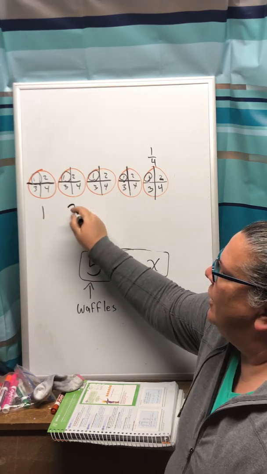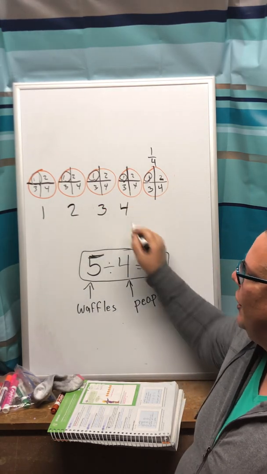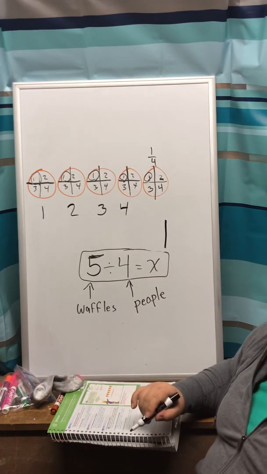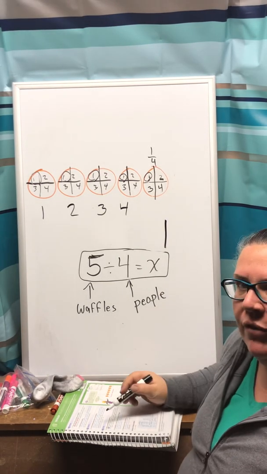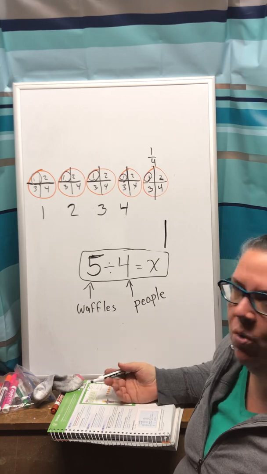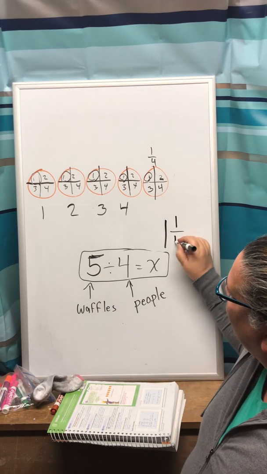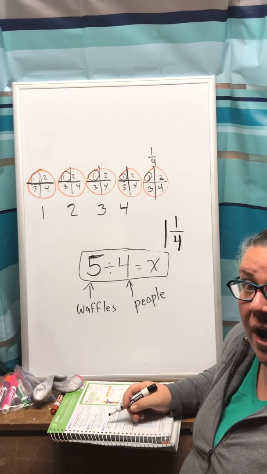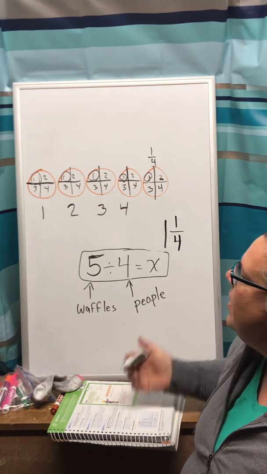So person 1, 2, 3, 4 could each have 1 whole waffle, and then they would split that last waffle and each of them would get 1/4. So my answer for that part would be 1 1/4.